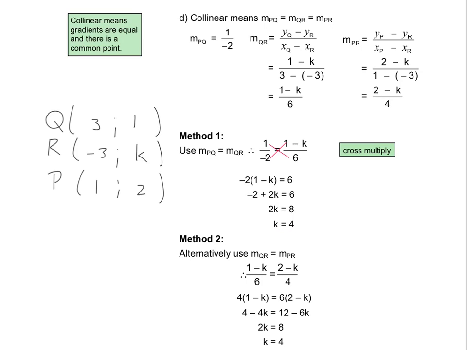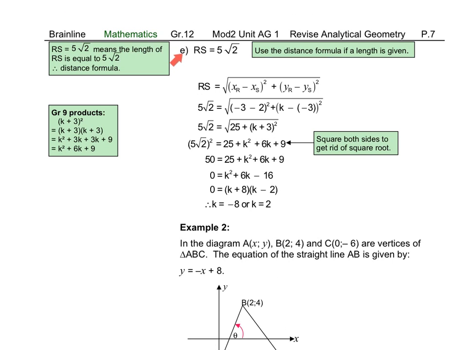If you use the alternative methods, you can set the two fractions equal to one another, again cross multiply and simplify to get k equal to 4. In question E, we are given the length RS equal to 5 times square root 2 and can then determine the values of k.